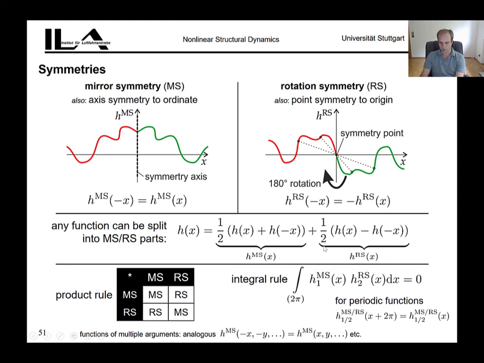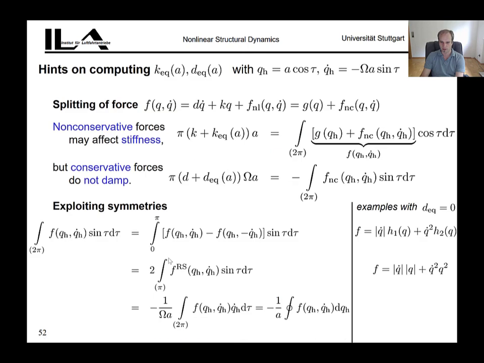You can always split these, and there's an integral rule that if you integrate over 2 pi, over a full period, a mirror and rotation symmetric product, you get 0, and there are product rules that apply here. These rules help you when your task is to determine the Fourier coefficients. First of all, you can take shortcuts if you exploit symmetries. And here are some further hints.